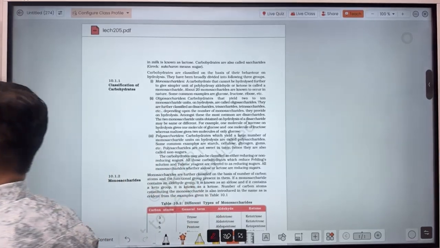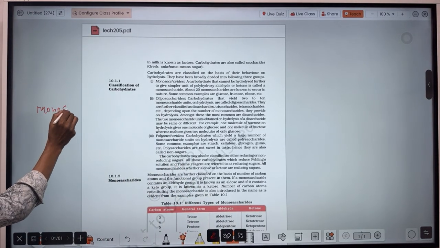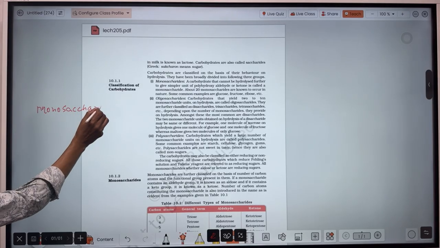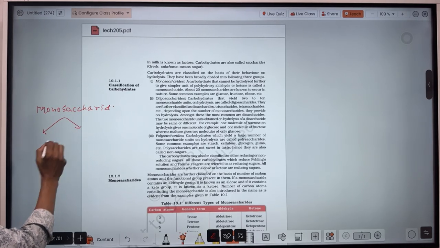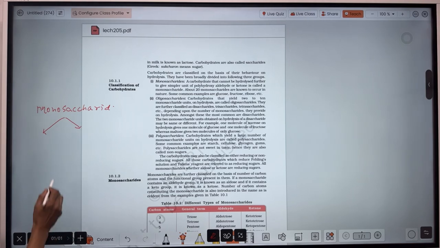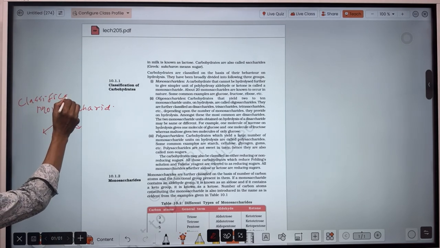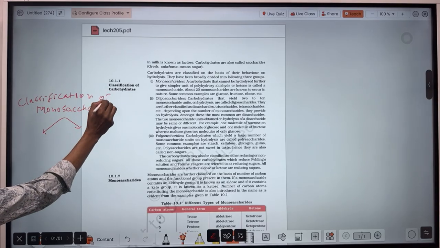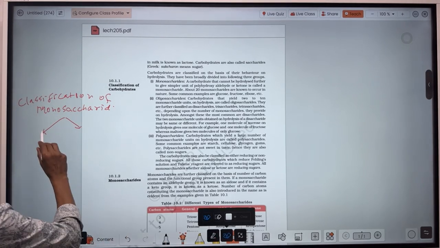So this is the classification of the monosaccharide.